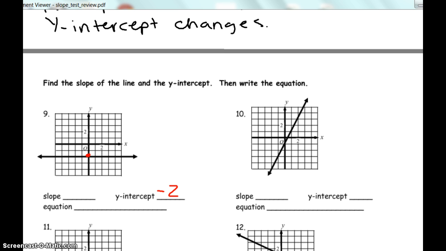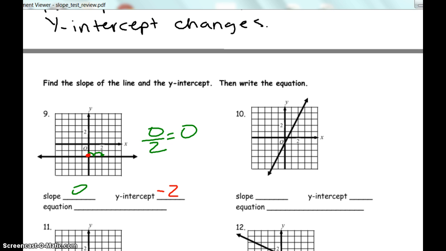Then our slope would be if we go from one point to another. I'm just going to go ahead and create a point. I don't go up any, and I go over 2, so it's 0 divided by 2. Anytime we have 0 being divided by some number, that is 0. So the slope for this equation is 0, which is a placeholder, so we don't need to put it in our equation.